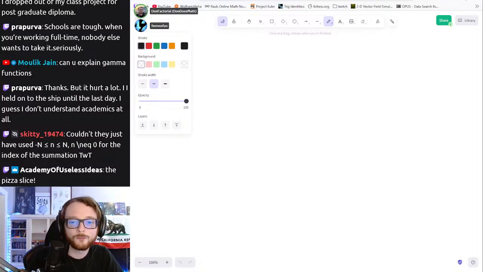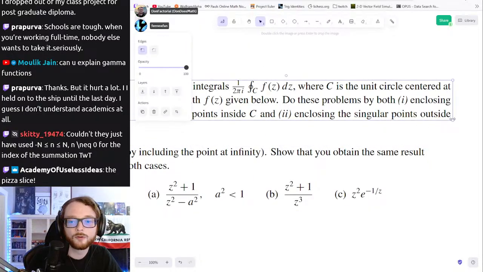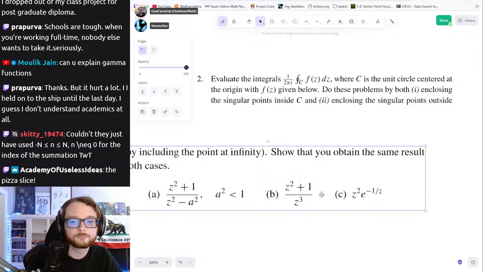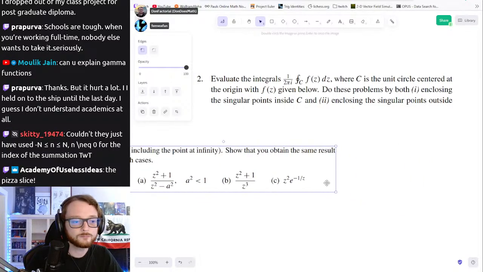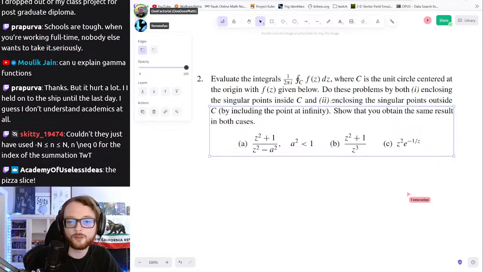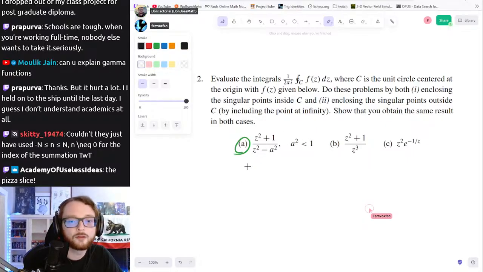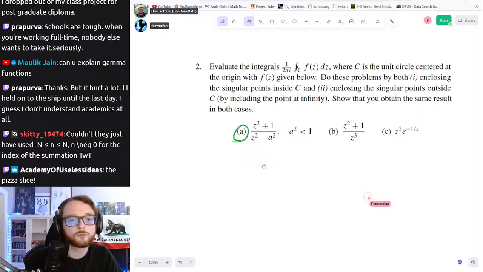So from section 4.1, the first one I said was number 2. I think just A for that one. 1 over 2 pi i integral of f of z, which is equal to the residue.